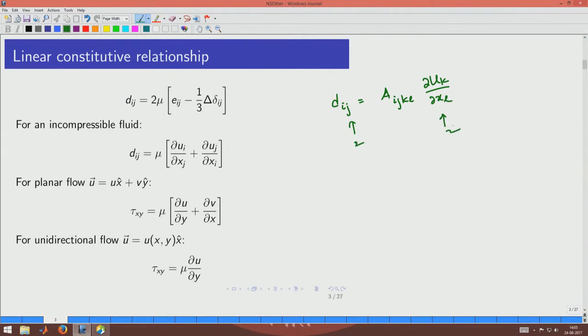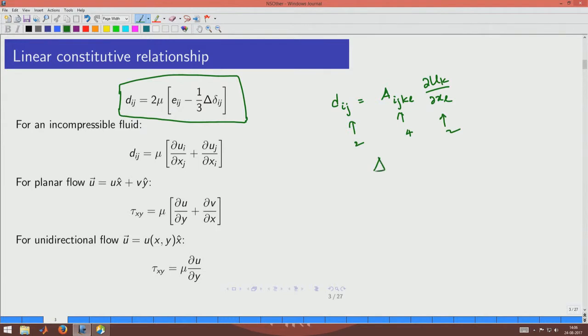We said that the most general form should be that A must be a tensor of order 4, it should be isotropic, and then we said that the symmetry over the two indices, because stress is symmetric, will imply symmetry over the same indices on the right hand side. Then we expressed A as a combination of the Kronecker deltas, and after some manipulation we arrived at this particular expression. Please refer to the previous session to identify how this particular expression has been derived.